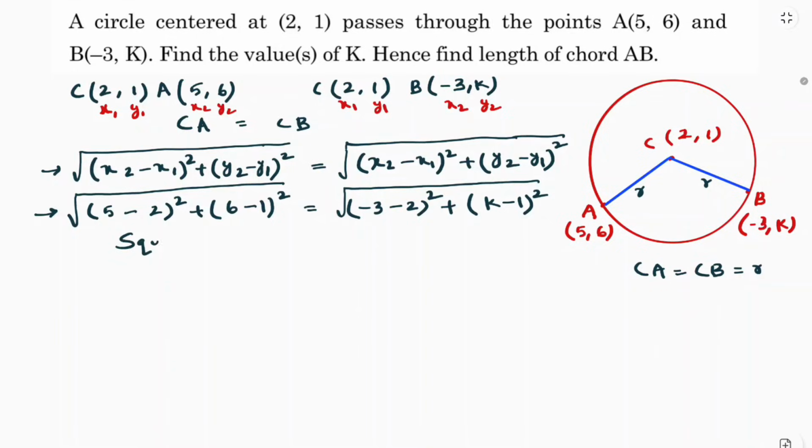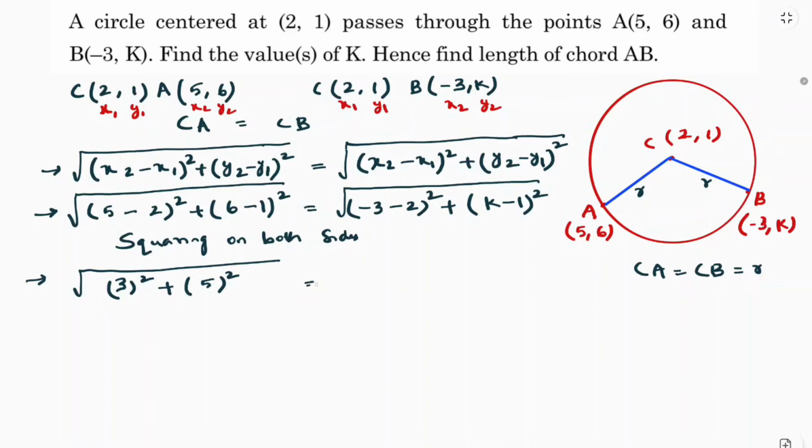Now I'll do squaring on both sides. So it is 5 minus 2, 3, 3 square, 6 minus 1, 5 square, equals on the right side, minus 3 minus 2 is minus 5 whole square, plus (k minus 1) whole square.